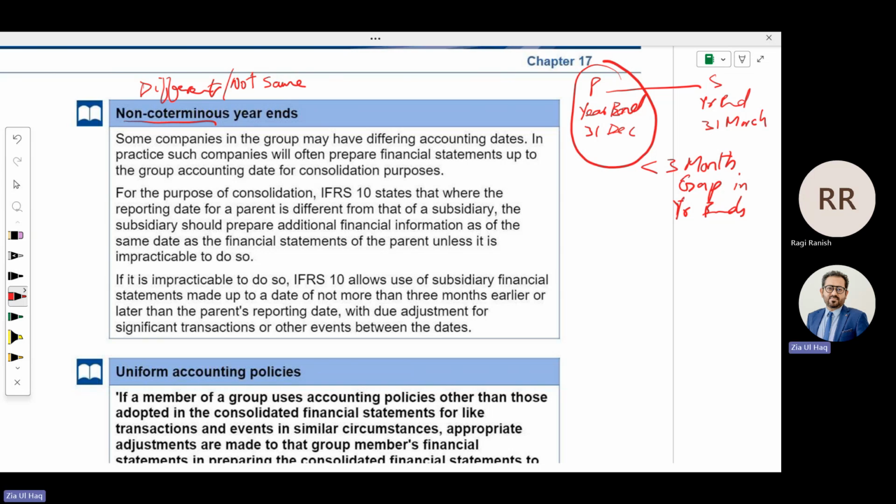How will financial statements be consolidated? At 31st December, you need to prepare the subsidiary's 9 months accounts for this year. For the remaining 3 months, you need to prepare additional accounts and consolidate.